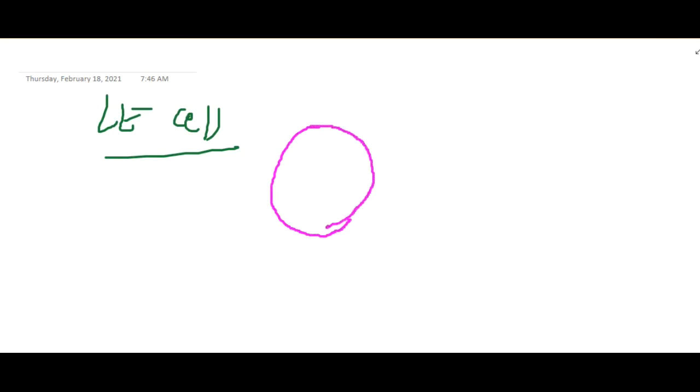What is this LE cell? It looks something like this. In this cell, it is actually a neutrophil or monocyte, but it has engulfed the hematoxylin body. This is a hematoxylin body.